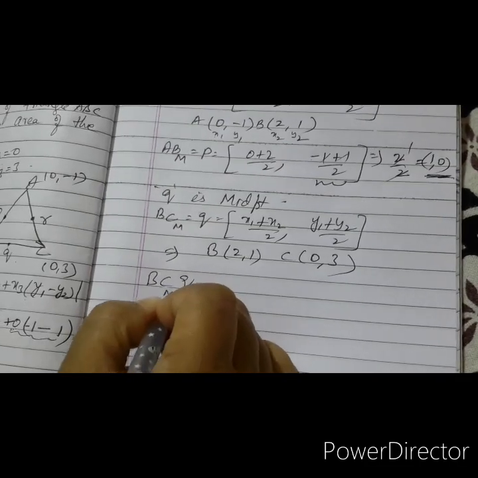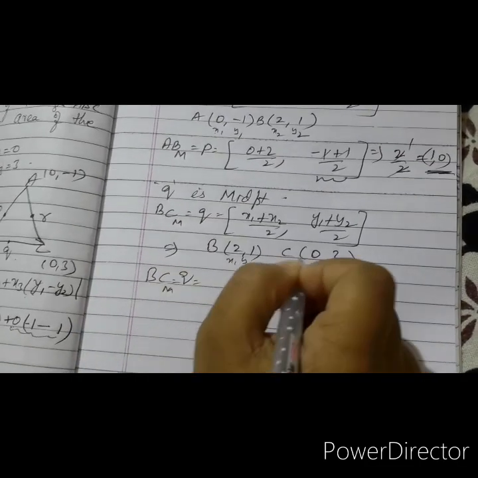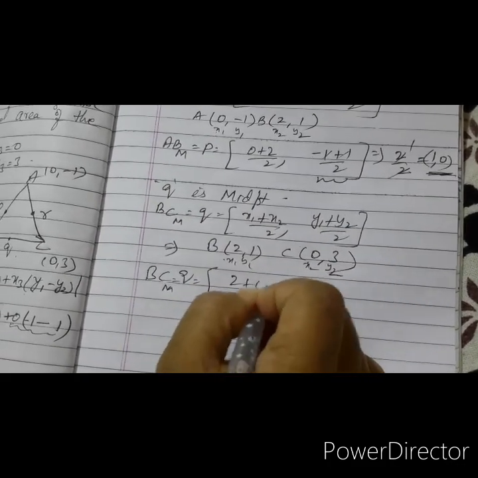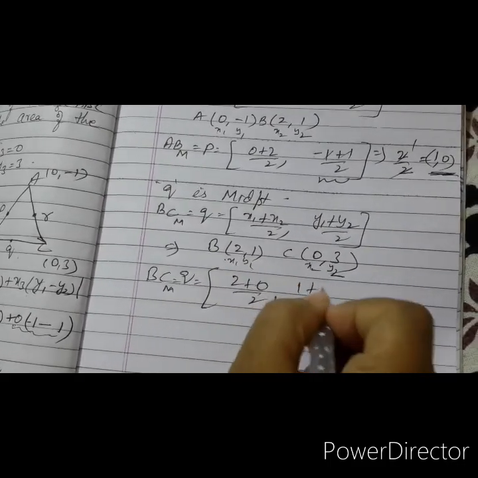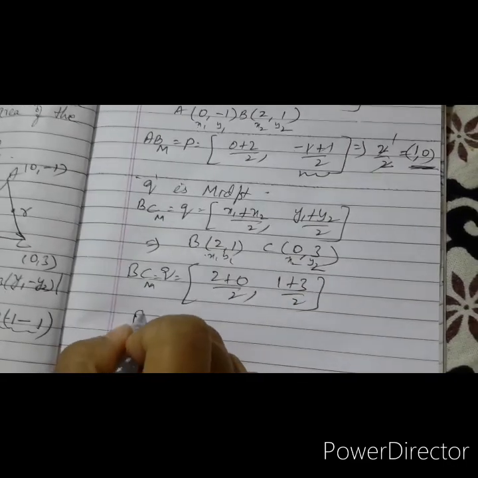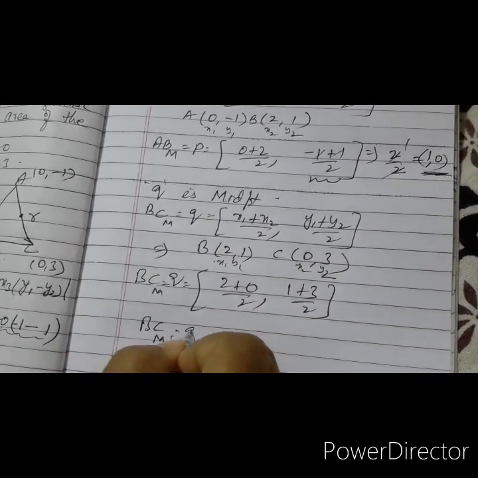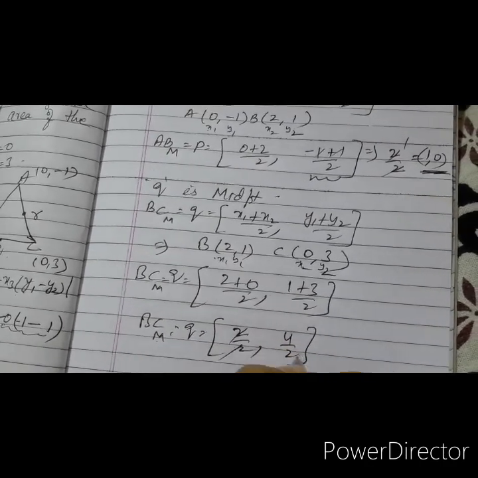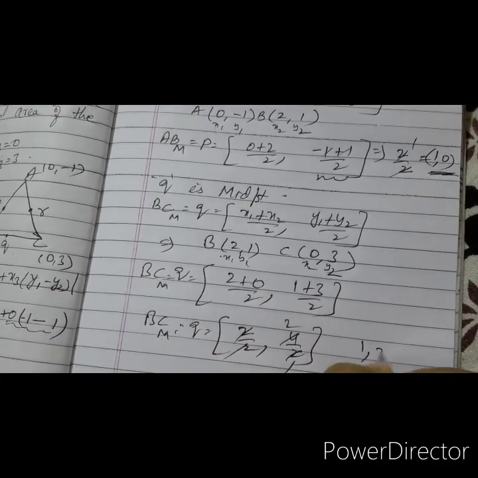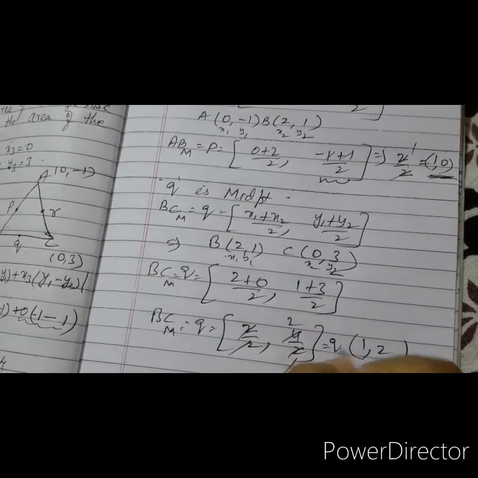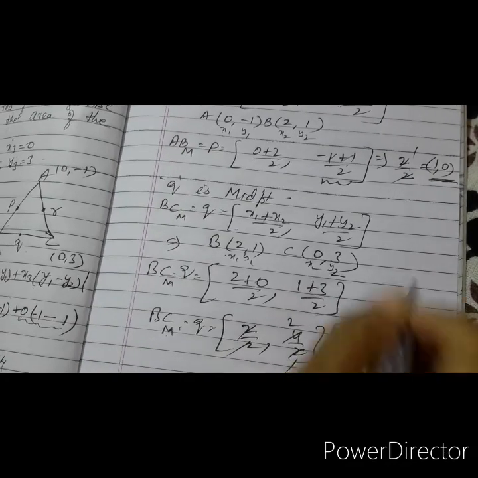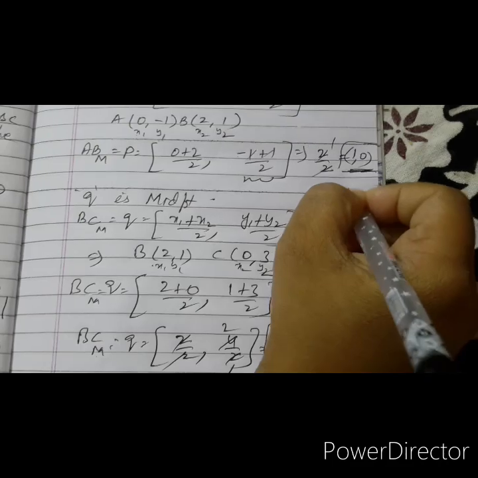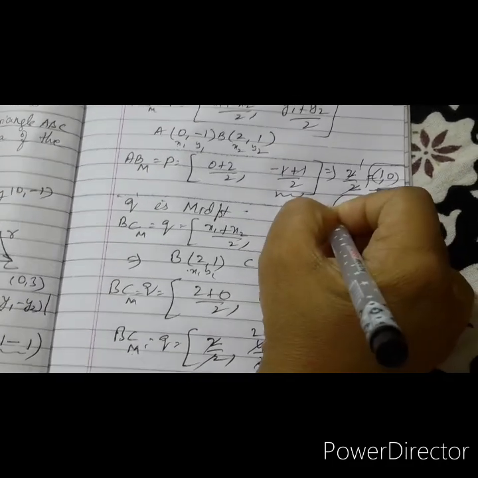Substituting: 2 plus 0 by 2 comma 1 plus 3 by 2. That is 2 by 2 comma 4 by 2, which is 1 comma 2. This is Q, and the value of P is 1 comma 0.